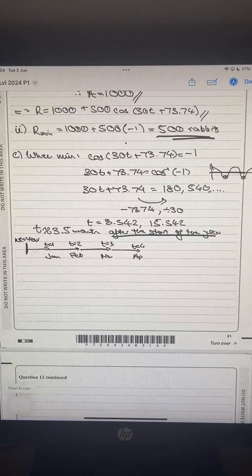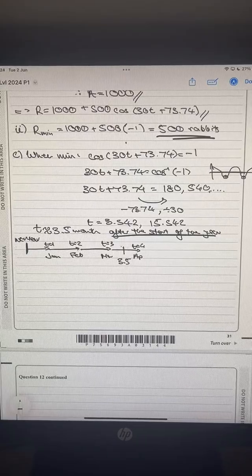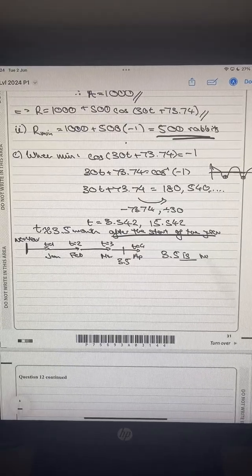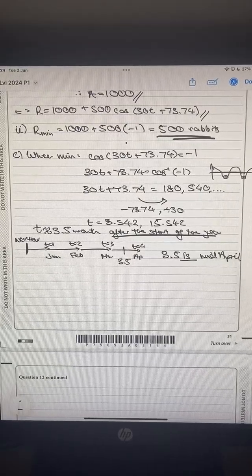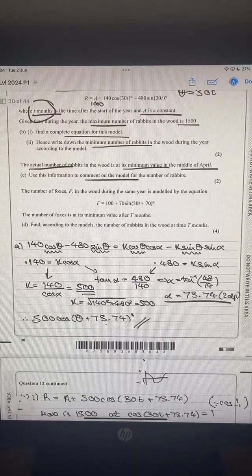So here, this is the month of Jan, this is the month of Feb, this is the month of March, this is the month of April. So we can see that 3.5 is indeed in the middle of April. So 3.5 is mid-April. Now I need to comment on the model.